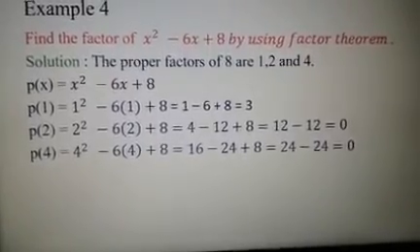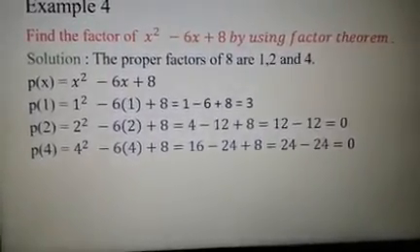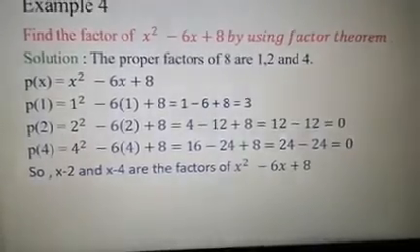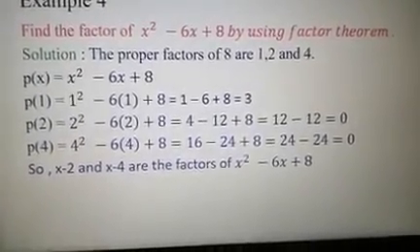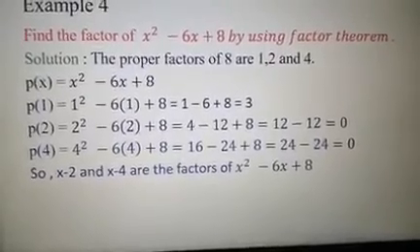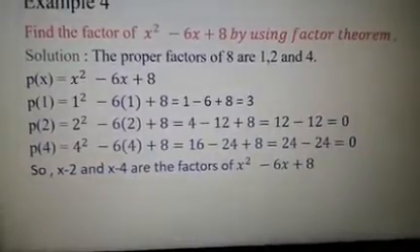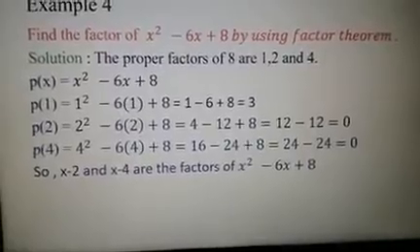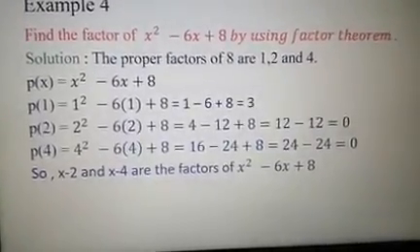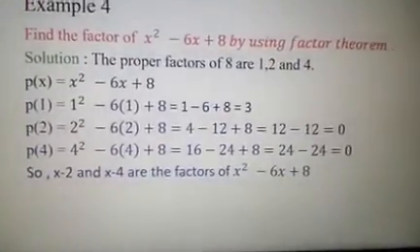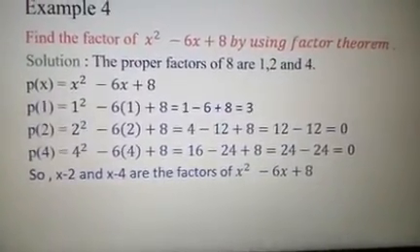So I can clearly say that x minus 2 and x minus 4 are the factors of x square minus 6x plus 8. See how beautiful? Even the factors are not at all known to us. Using factor theorem, you are able to find the factors very easily. So the factors are x minus 2 and x minus 4.